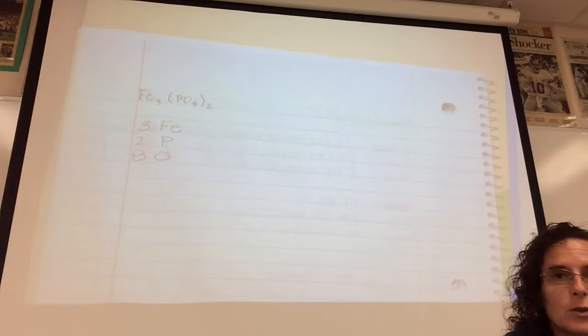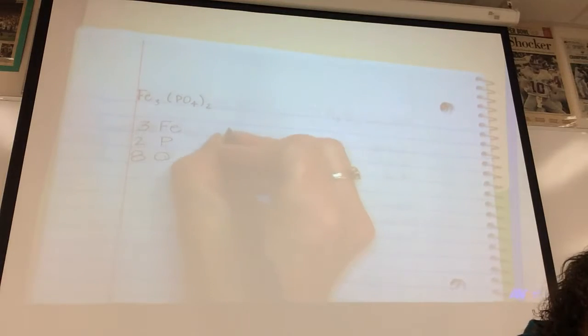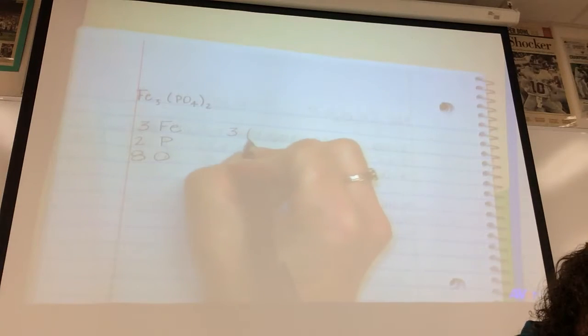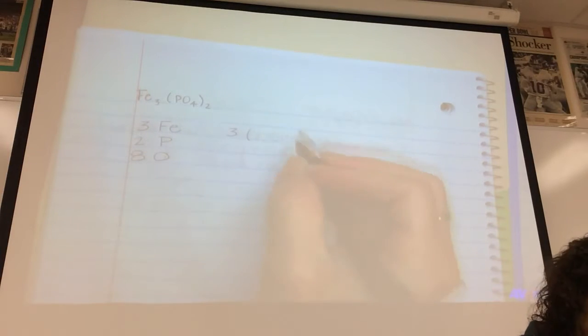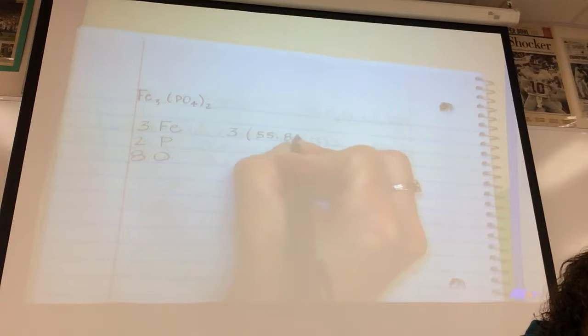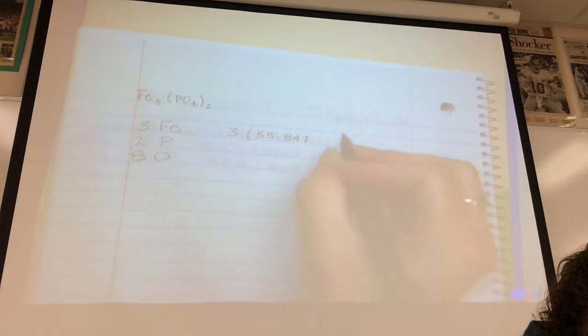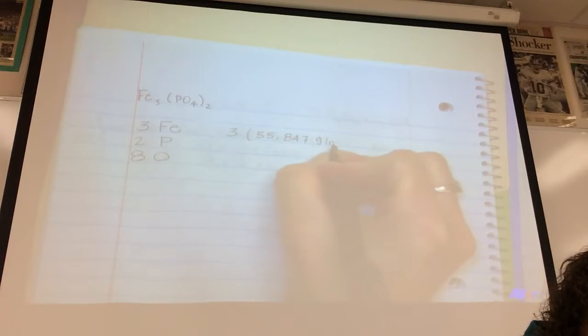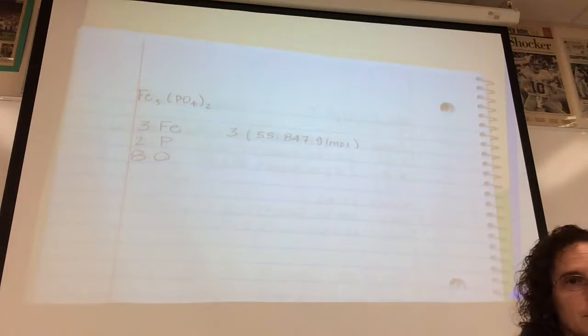All right, now I get the molar mass of each one. I look at my periodic table. The atomic mass of iron is 55.847. Instead of writing AMU, I do grams per mole as we talked about the other day.